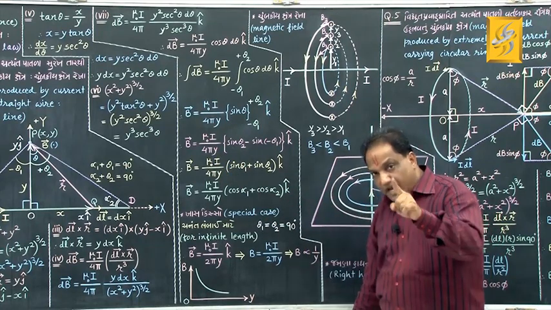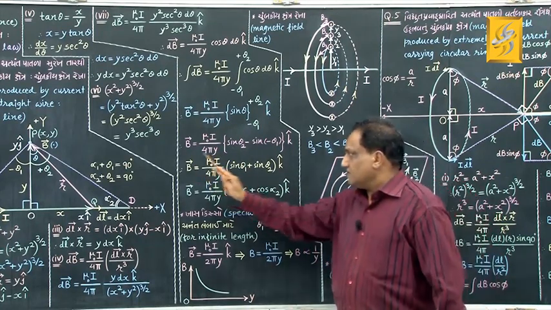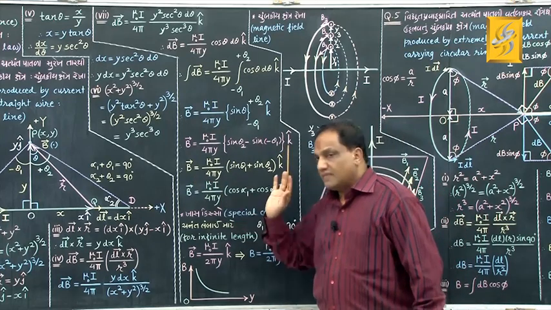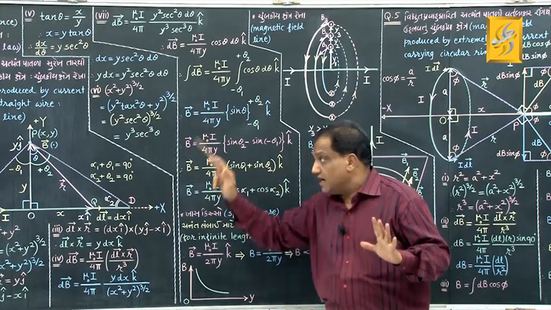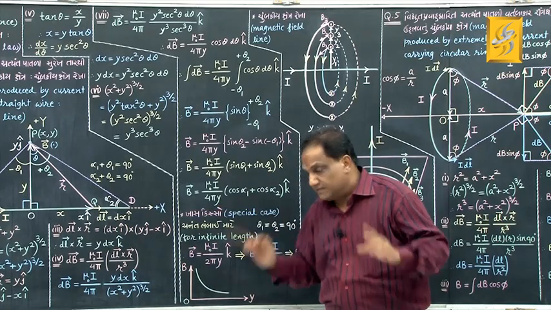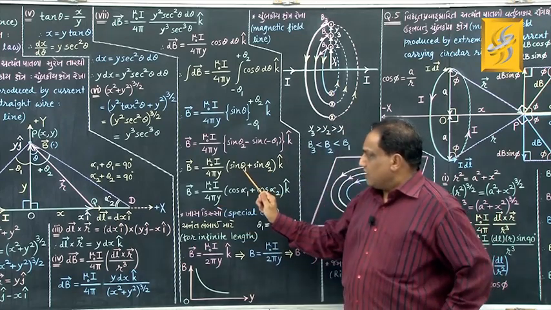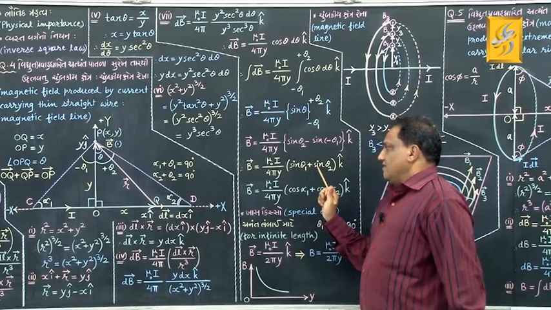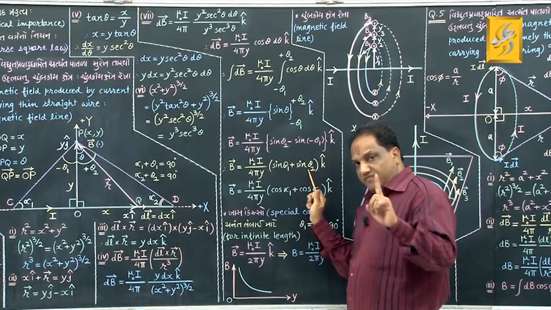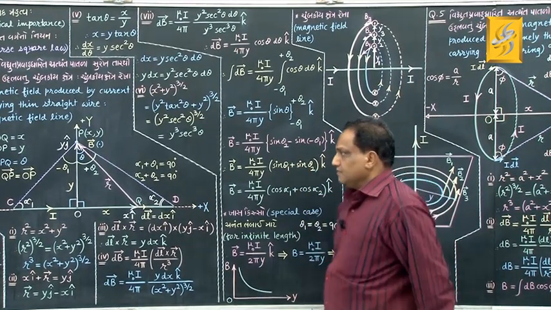Okay. Now in textbook, this result they have written directly. I hope you have understood the entire derivation. Okay. Fine. Tell me about these two angles. Regarding theta 1 and theta 2, be very specific. What are they? I am showing you.